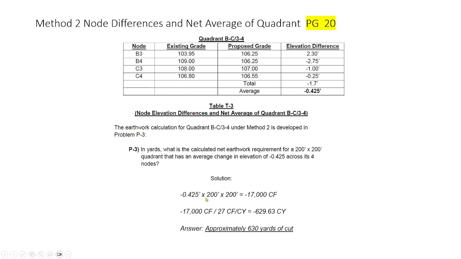And so they went through the same exact formula, and they're saying a negative 629.63 cubic yards, which is 630. So they're calling it 630. So it's close. We could banter back and forth over this, but I have always done it existing minus proposed, and then this right here.